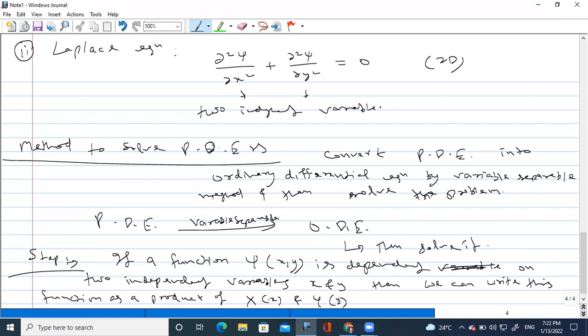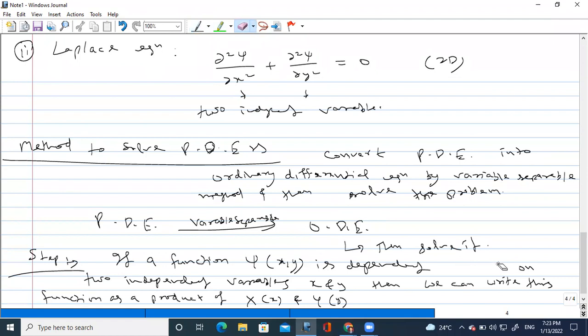Means X is a function of purely x only, Y is a function of purely y only. Okay, here psi is depending upon x and y, so it is depending upon two independent variables. But X is depending only on one independent variable x. Y is depending on independent variable y, that is only one. So capital X and capital Y separately can make the ODE if you have the variable separable.